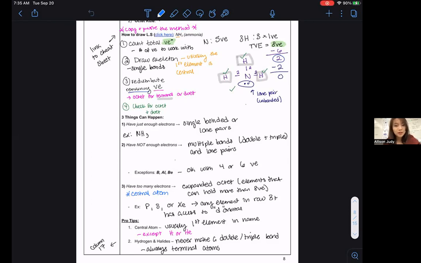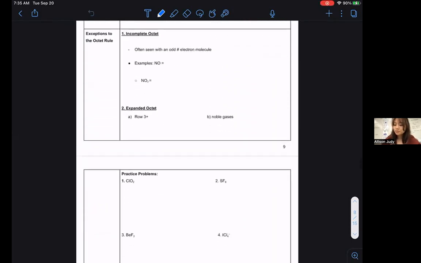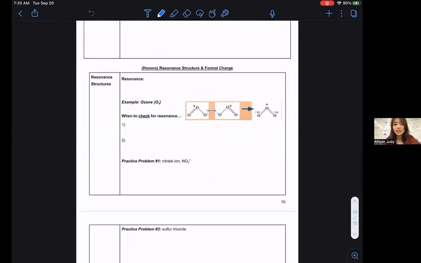And then, of course, we have some special elements that can do more than that, and some that can do less. But the idea is that Lewis diagrams give us a more complete picture of how bonding occurs between atoms, specifically covalent bonding, the sharing of electrons.